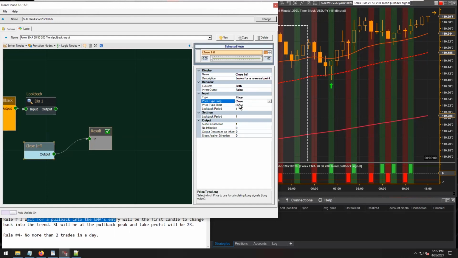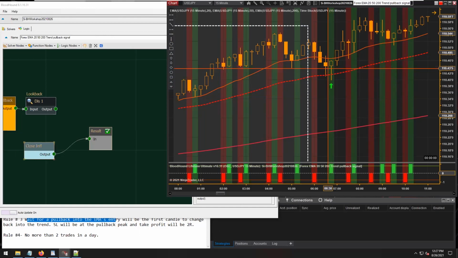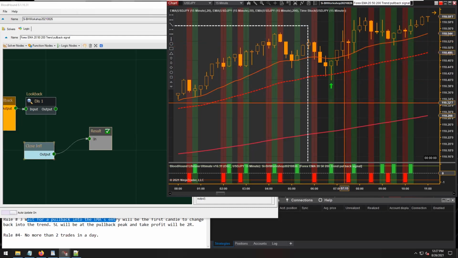Did the closing price reverse up or did it reverse down? When we go from these down bars to this up bar, we're getting a long signal. And when we go from these up bars to the down bar, we can see that the closing price closed down, so we're getting a short when that closing price reversed down.